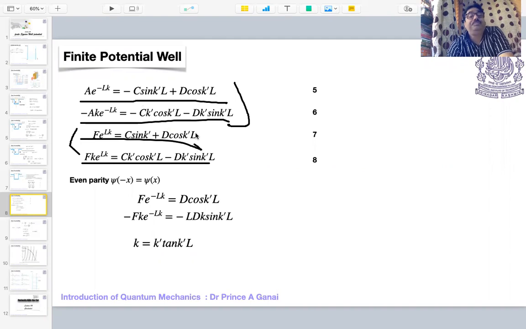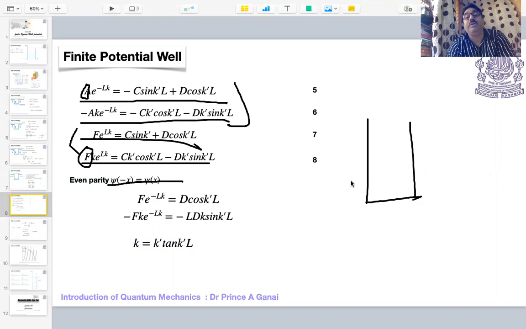Now, because we said that the wave function would be either even or odd, we'll look for the even parity: psi of minus x is psi of x. So that would mean that f and a would be the same for even functions. Remember, in case of even parity, suppose this is our potential well, we expect this kind of solution.